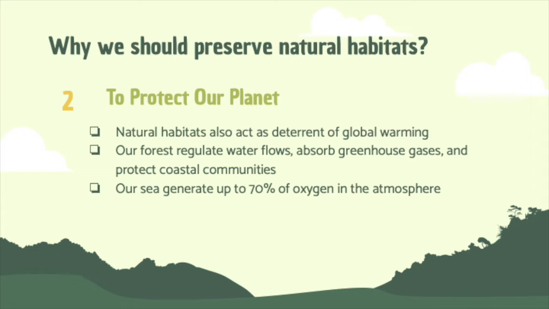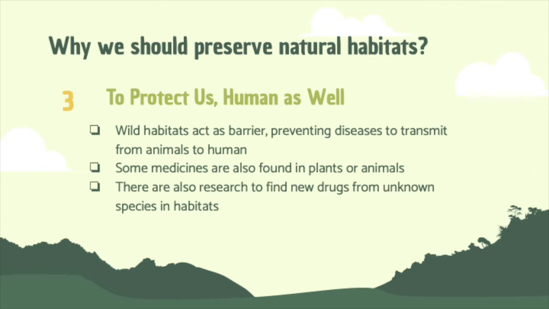Moreover, our sea, especially the phytoplankton in the sea, generates up to 70% of the oxygen in the atmosphere, which we need to breathe. From the beginning, natural habitats have acted as a natural reservoir of various things that humans need to survive.